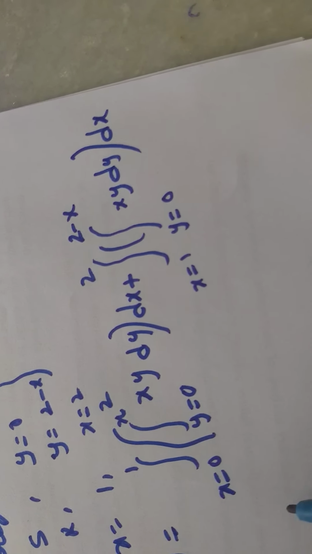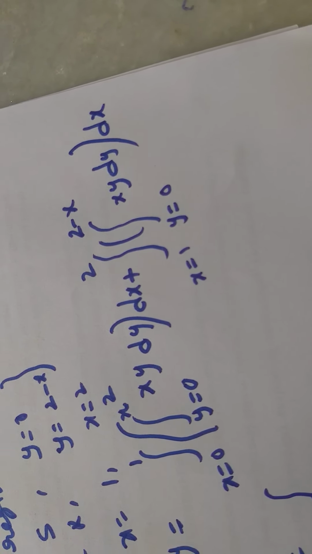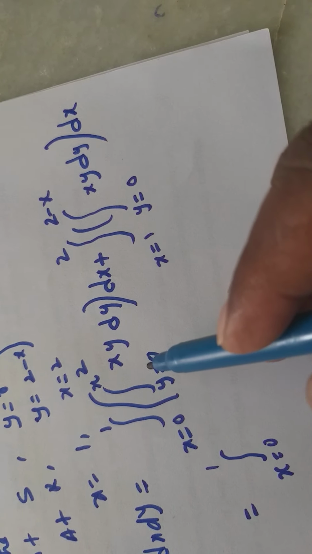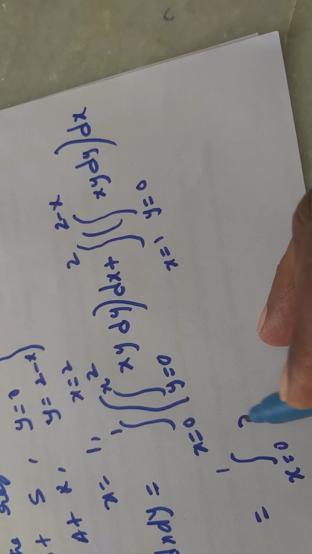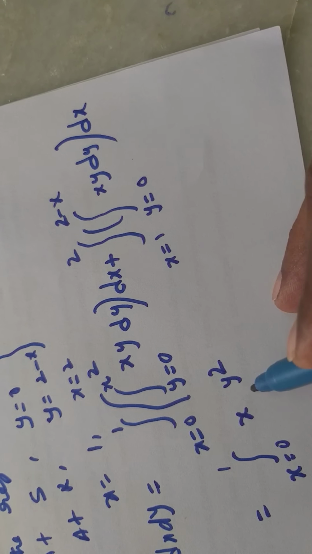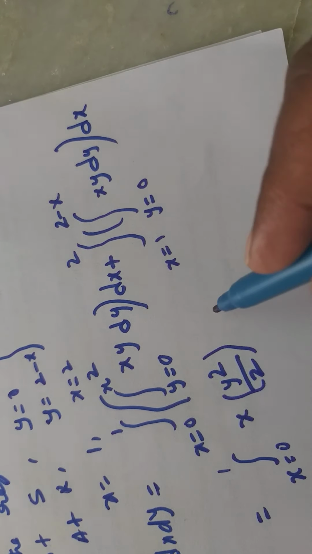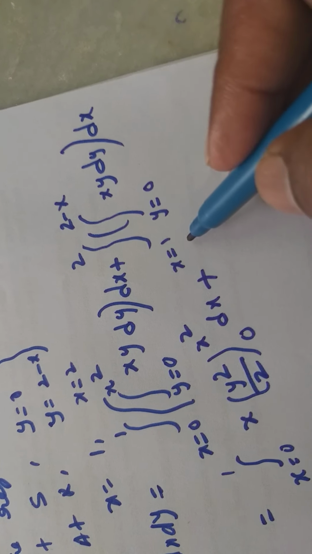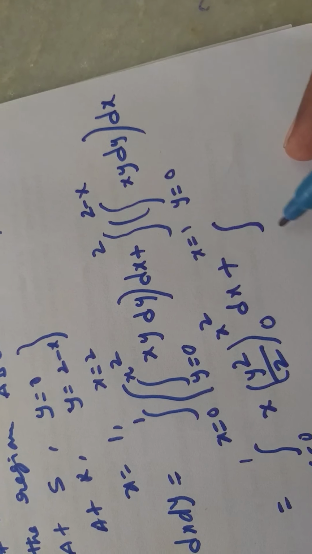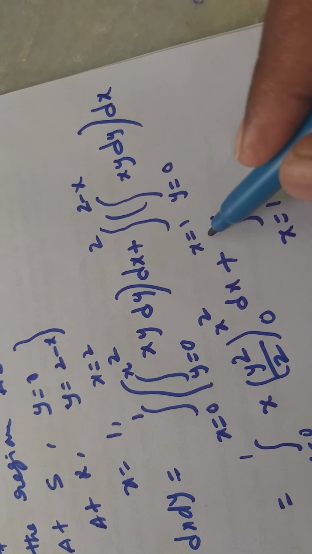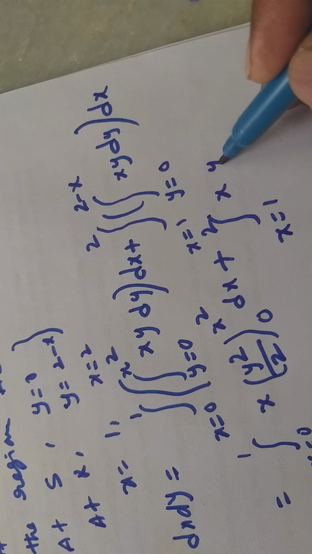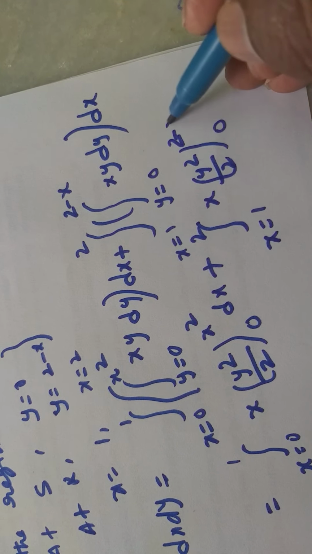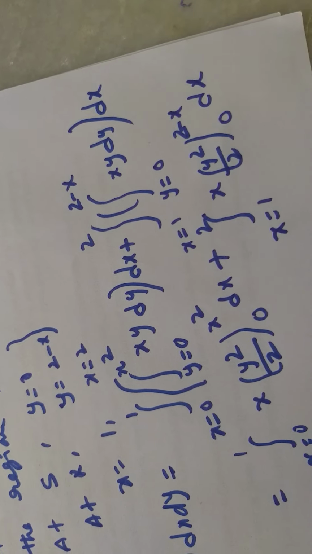So we integrate x from 0 to 1, with respect to y first. x is constant, so we get y square by 2 with limits 0 to x square, dx, plus the integral of x from 1 to 2 of x times y square by 2, with limits 0 to 2 minus x, dx.